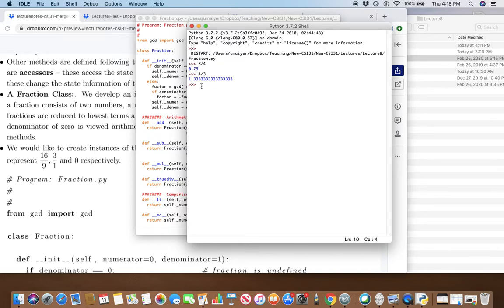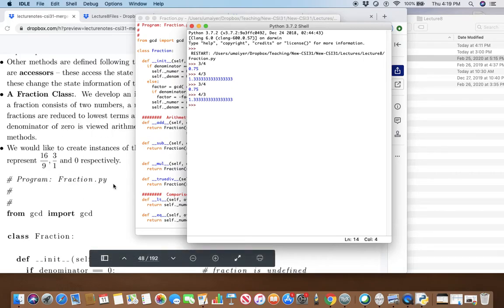In Python, if you type in 3/4, it gives you the precise answer 0.75. If you instead type in 4/3, it will give you 1.333. It's actually 1.3 repeated infinitely many times, so this is an approximation, and you lose some of the information here.